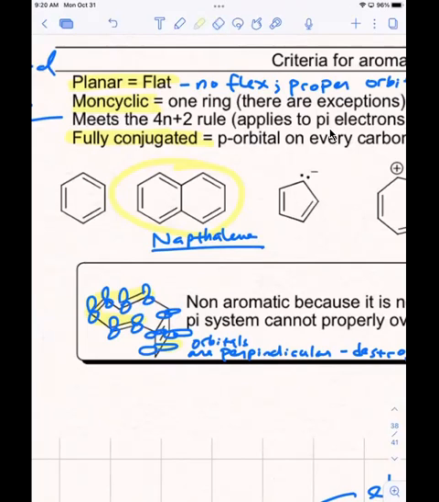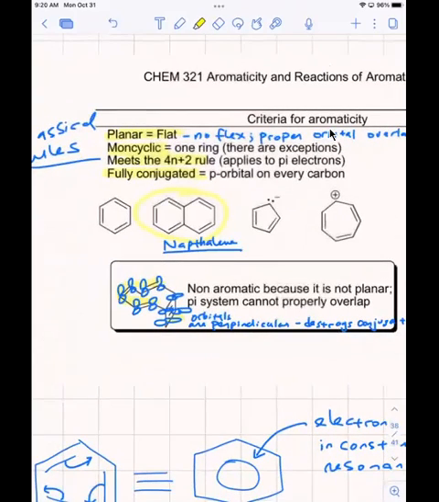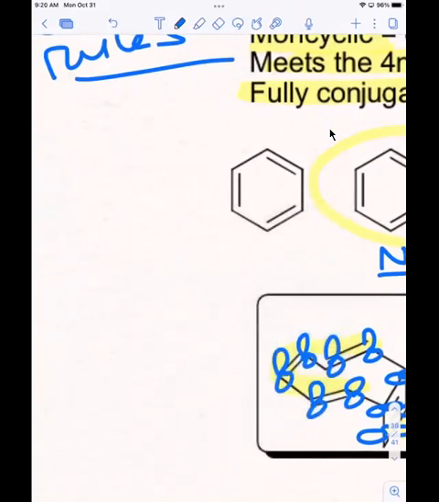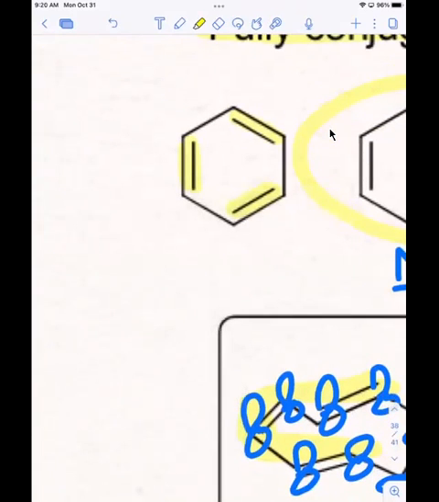So the other part of this is the 4n+2 rule. This is a little bit tricky, so we're going to go through these and look at what this means. Let's start with benzene. How many pi electrons are in benzene?